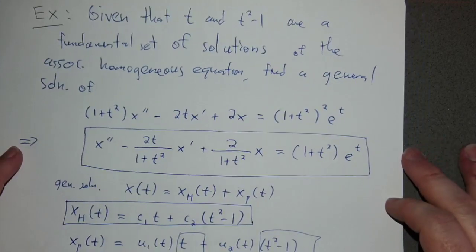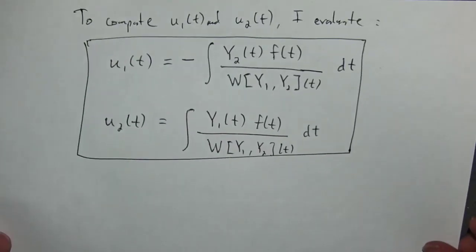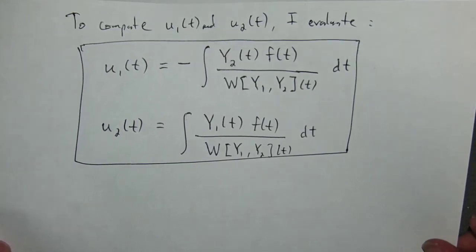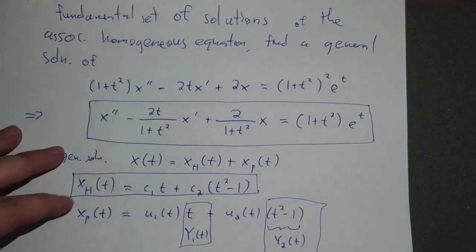So what is it that I look to do? Bringing back these formulas, I look to compute u sub 1 and u sub 2. In order to do that, I compute the Wronskian of y sub 1 and y sub 2.